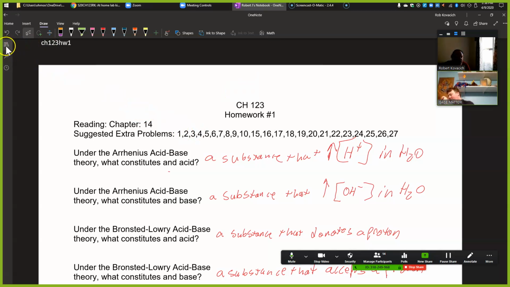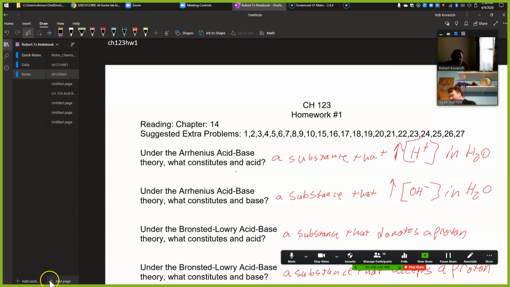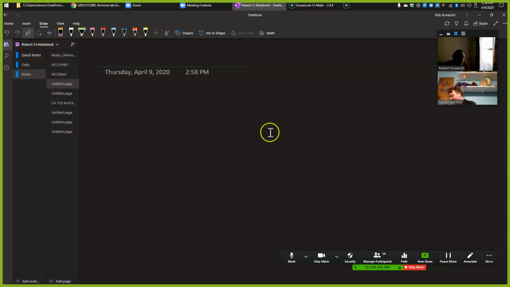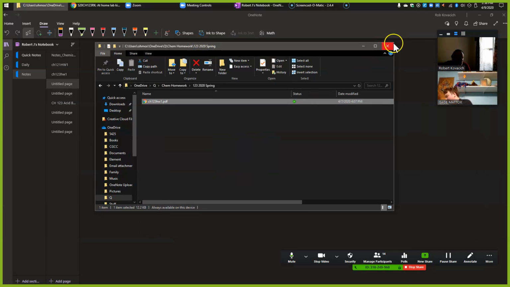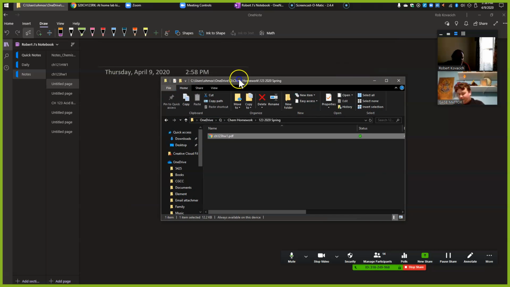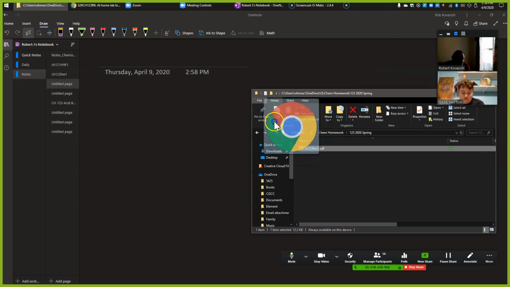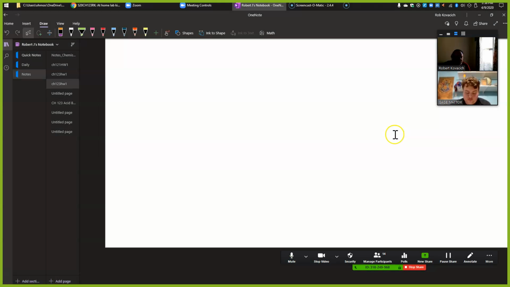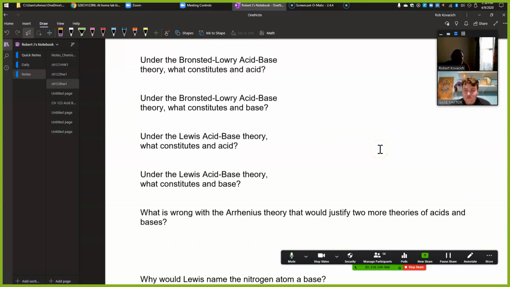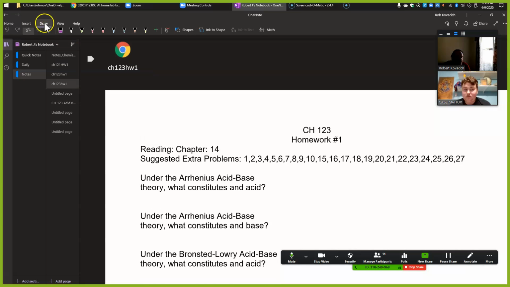So if you've got OneNote, just like a blank page open, you can just take any PDF that you've got, like this homework, and just drop it in and let go of it. And then blammo, there it is. And then you can go up to the draw section and then just start writing in it.